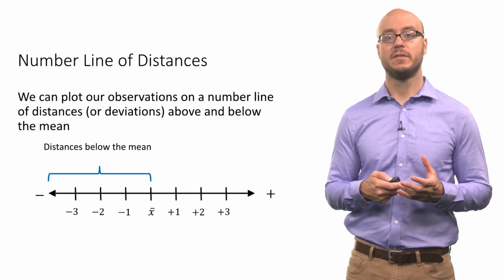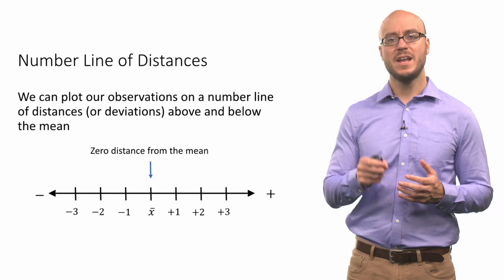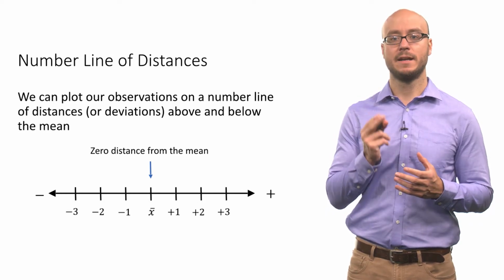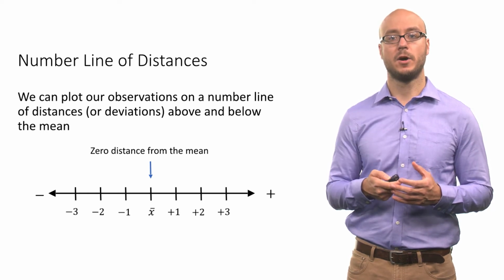Each observation can be thought of as how far it is from the typical observation in our data set, as calculated based on the mean. So distances below the mean are in the negative territory, and distances above the mean are in the positive territory. And if an observation happens to have the same value as the mean, it's just going to lie right on that middle part labeled x bar.